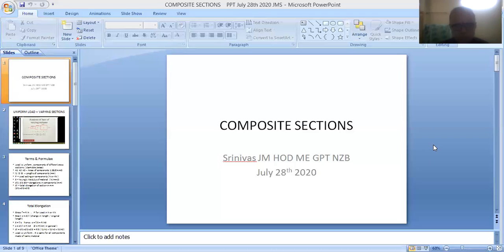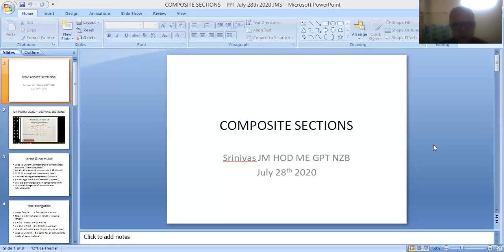Now for getting this figure, we have to initially measure the elongations of individual components. That is the elongation of the first component, followed by the elongation of the second component, followed by the elongation of the third component. We have to measure the elongations of all the components.